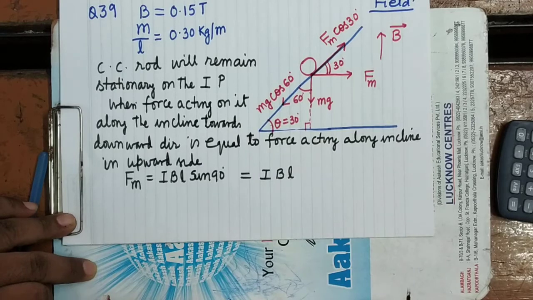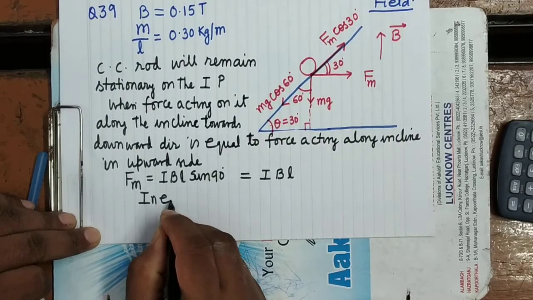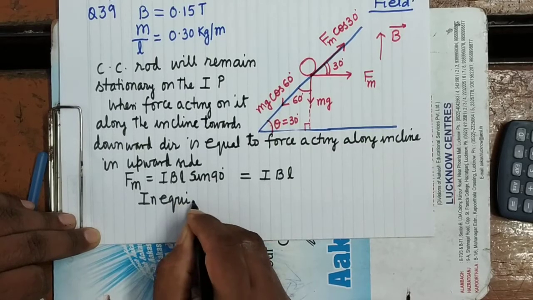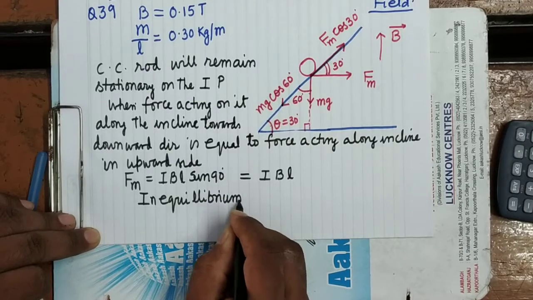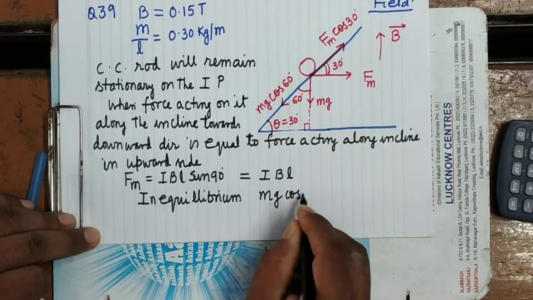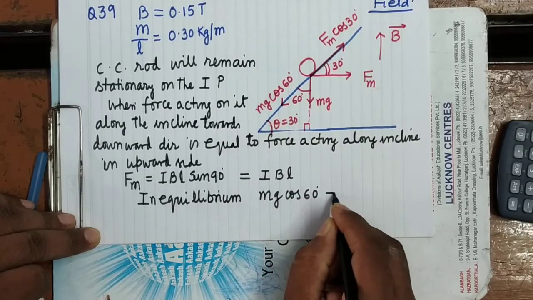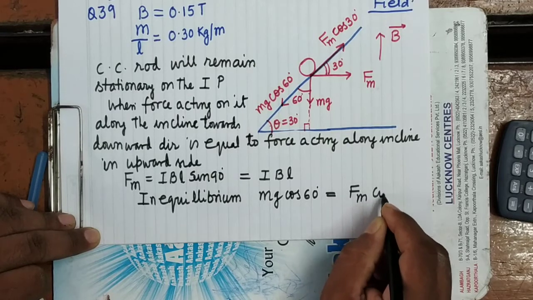In equilibrium, already I have told, mg cos 60 is equal to Fm cos 30.